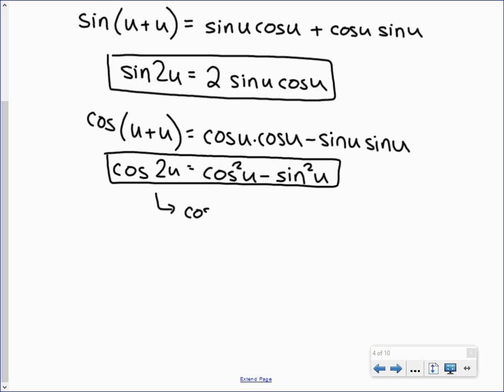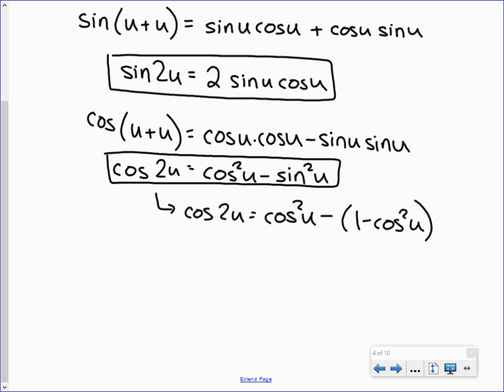Cosine of 2u equals cosine squared u minus, and in place of sine squared we could put 1 minus cosine squared. Okay, so this is a Pythagorean identity.